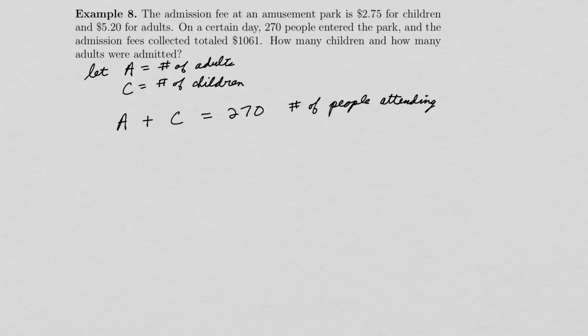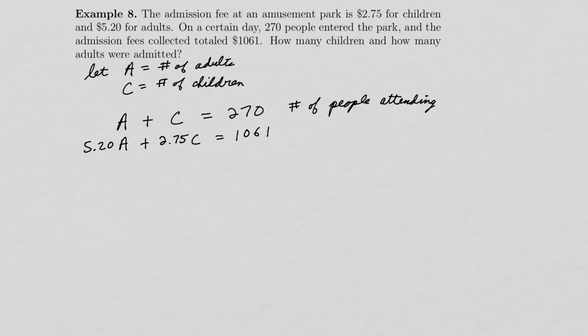Well, if each adult is paying $5.20, then it must be 5.20 times A, the total amount of money collected from the adults, plus 2.75 times C, the total amount of money collected from all the children. That's got to equal the total amount of money collected, which is 1,061. Okay, so those are our two equations.